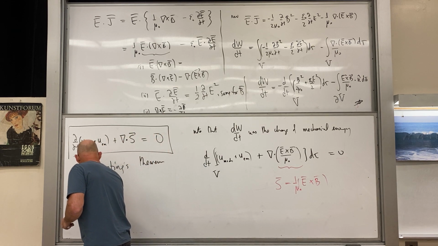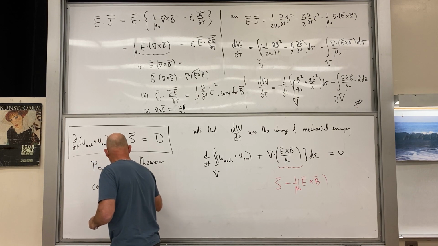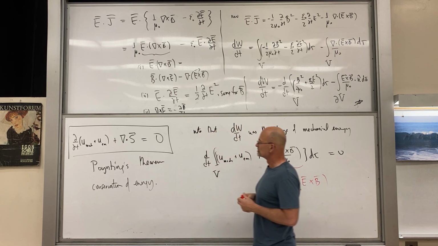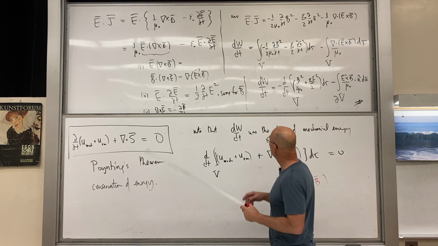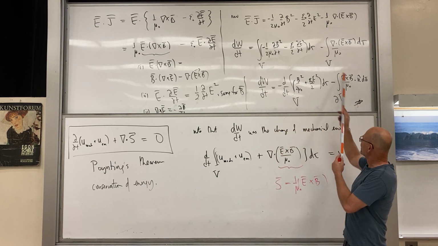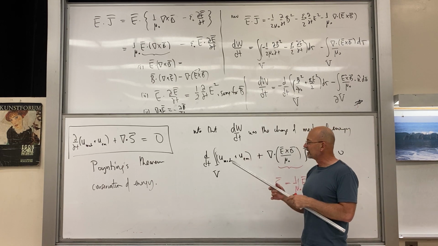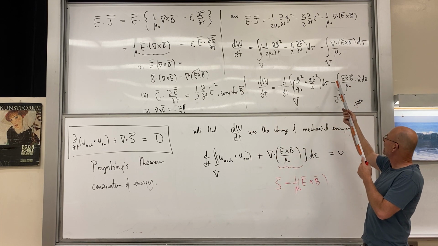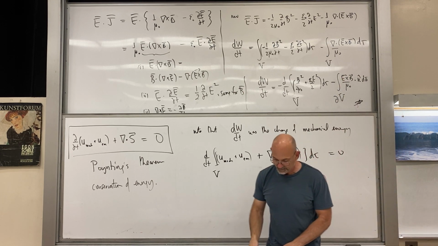So this is conservation of energy. Again, locally, and if you have it integrated over some volume, you'd say the energy inside that volume is increasing or decreasing, as the flux here, this Poynting vector flux, leaves or enters that volume.